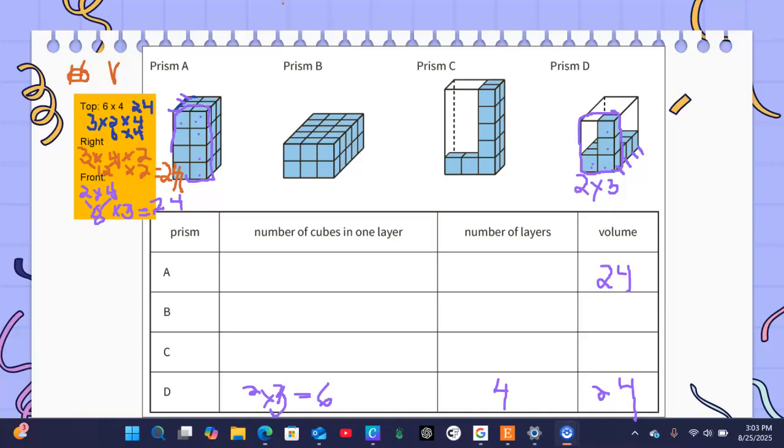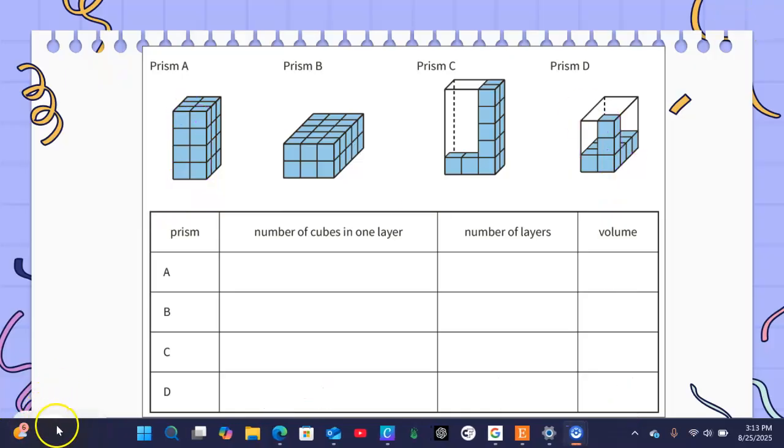Now, what I want you to notice, what do you notice about Prism A and Prism D? Hopefully you were able to notice something, and you're going to be talking about this with your class to determine what you notice about Prism A and Prism D. Okay? Let's see what else we have.